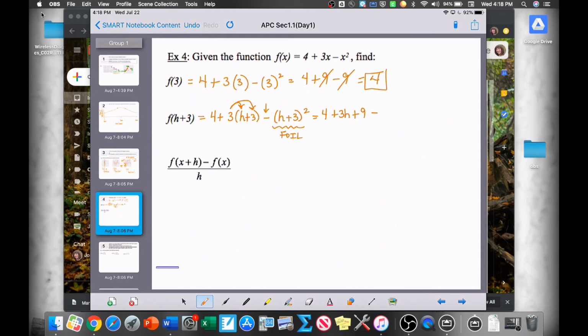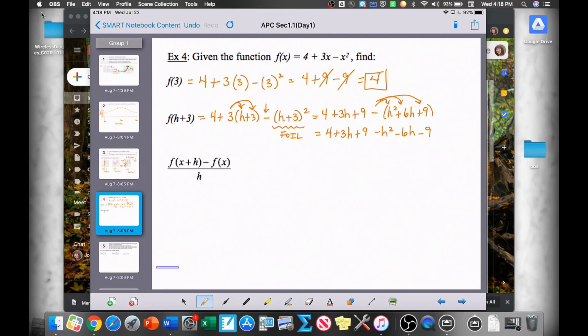But when we FOIL h plus 3, we get h squared plus 6h plus 9. And then we have to distribute that negative to all of the terms that came from our foiling. So now we have 4 plus 3h plus 9 minus h squared minus 6h minus 9.